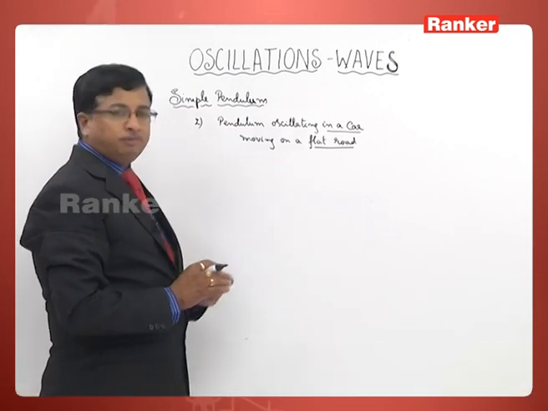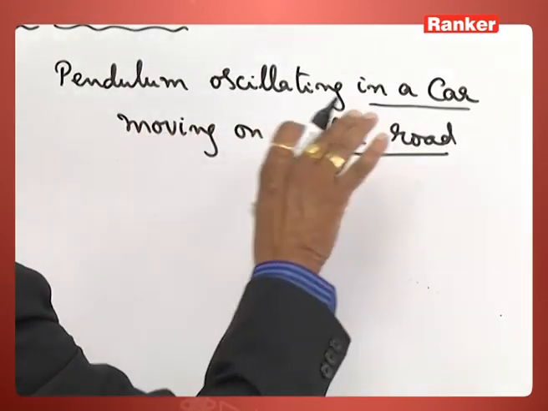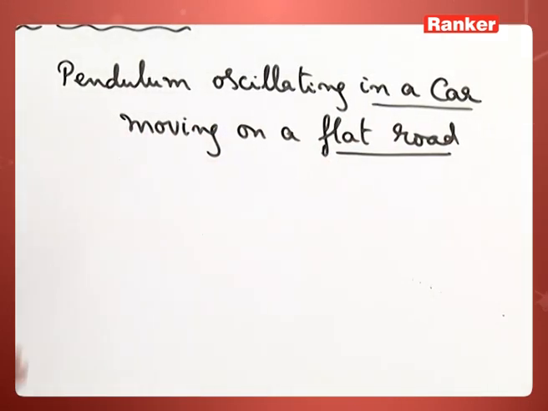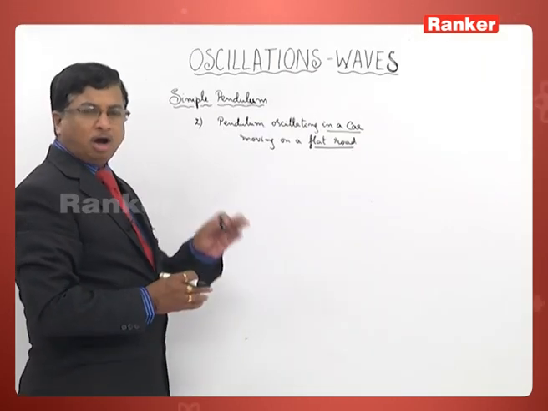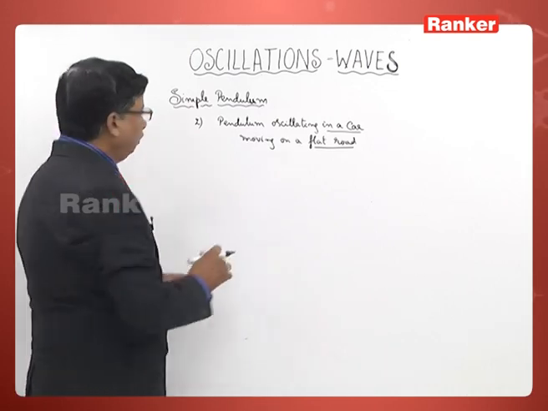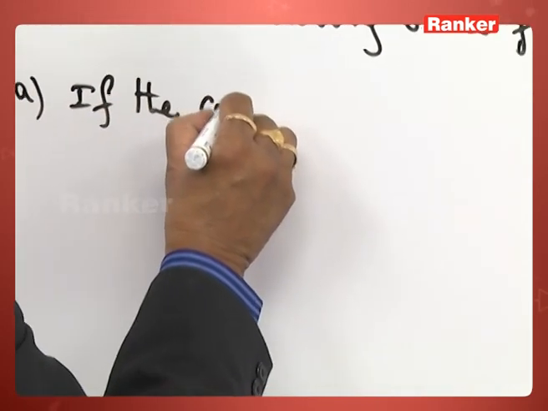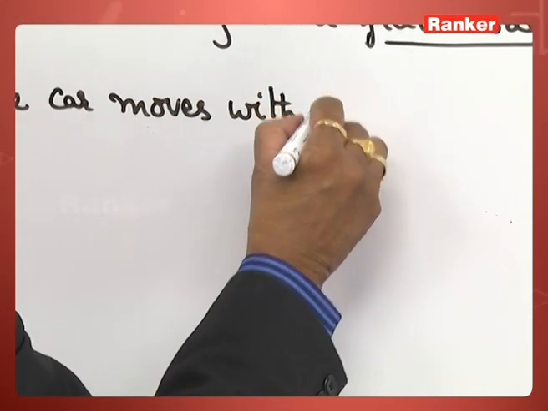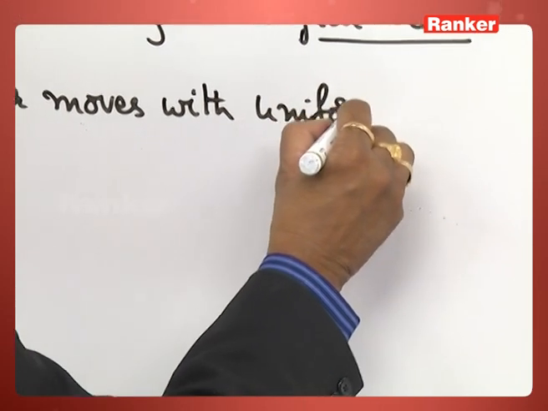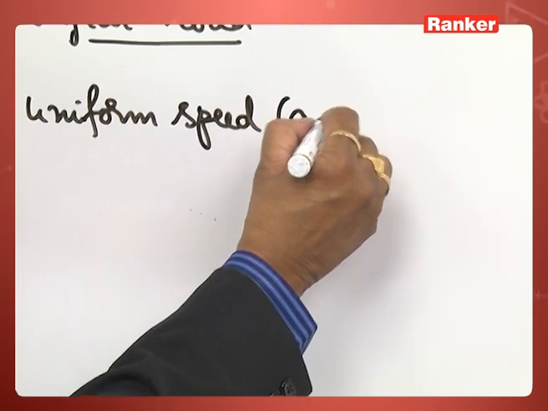So, let us consider the first case first. On a flat road, the car may move with uniform speed, or with uniform acceleration, or with uniform retardation. All these cases one has to remember. Under that, the first concept: if the car moves with uniform speed, then surely you can understand its acceleration is 0.